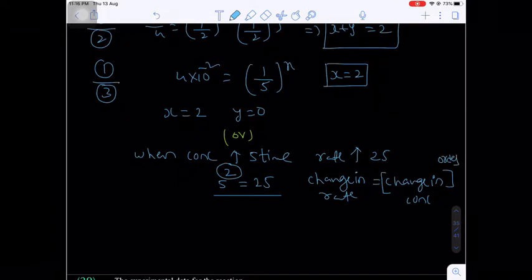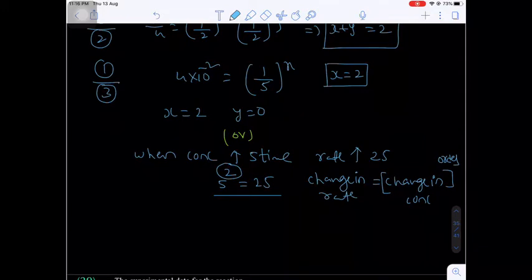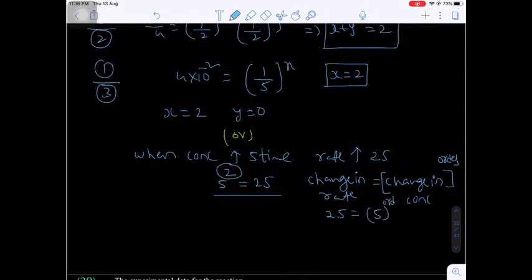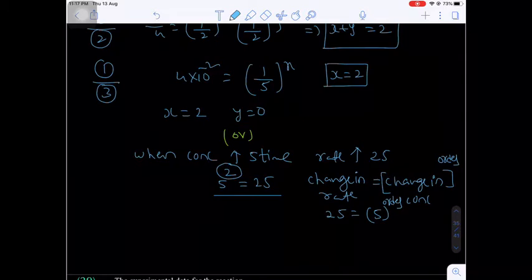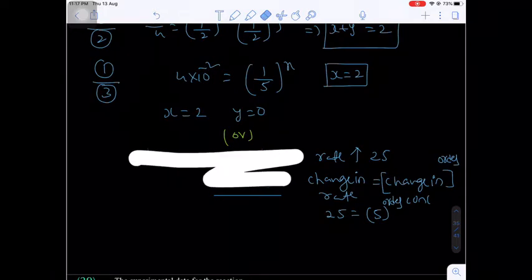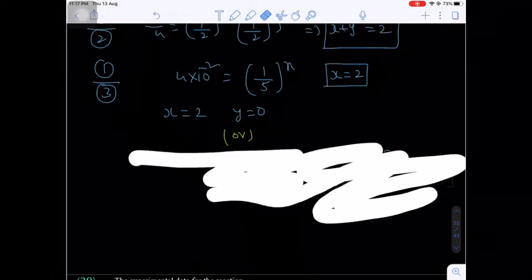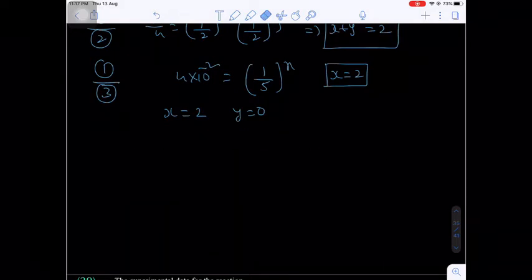Once we know the change in concentration and the change in the rate, we can easily predict the power. The change in the rate is 25, the change in concentration is 5 to the power order. If you put the order value 2 on both sides, 25 will be equal to 5 squared. Are you getting my point? So this is a very short calculation of the order of a reaction.